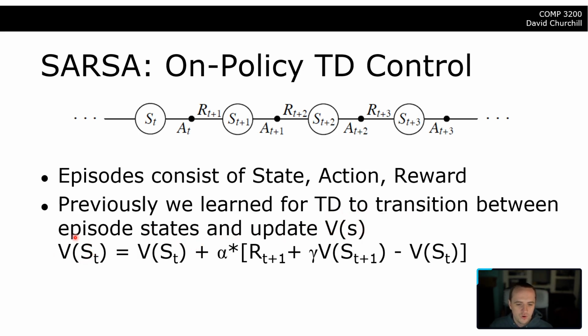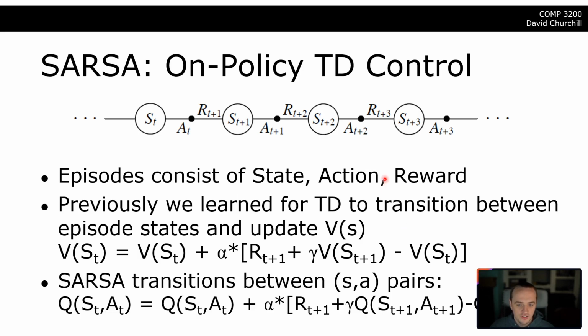So what we did before is we learned that to find V of S_t, we use this formula. Now, the value of state action pairs using Sarsa is this formula. And I know it looks a little bit complicated, but it's really not.